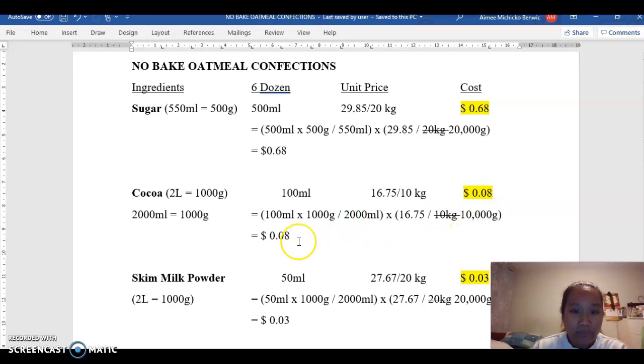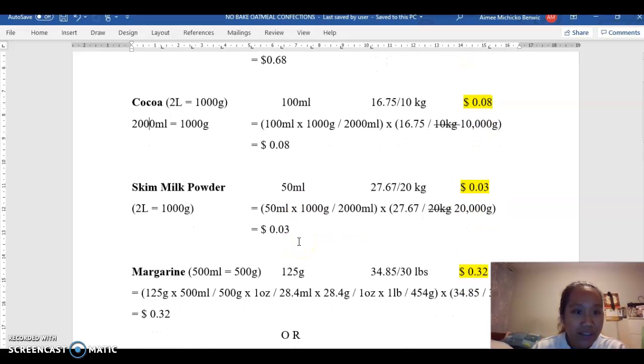Next ingredient, the skim milk powder. We have 50 ml here, and the measurement is 2 liters equal to 1,000 grams. Since we have ml here, we have to convert liters into ml. There are 1,000 ml in 1 liter, so 2 liters multiplied by 1,000 gives us 2,000 ml.